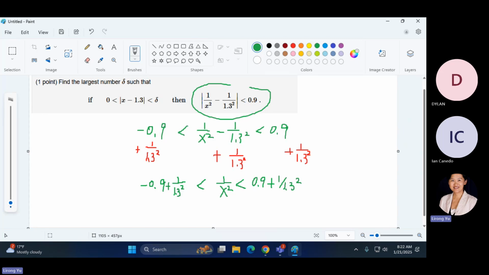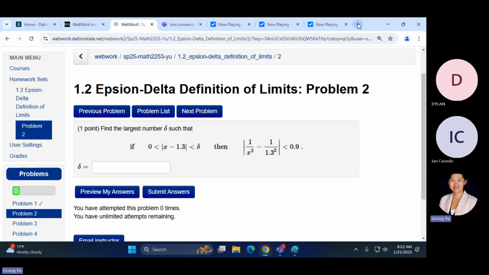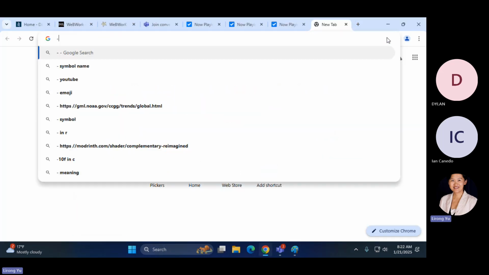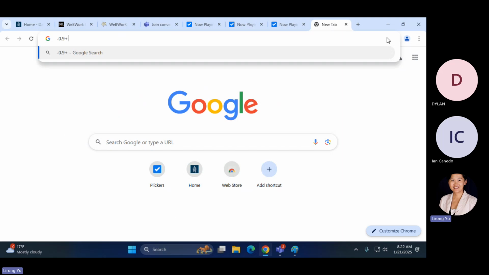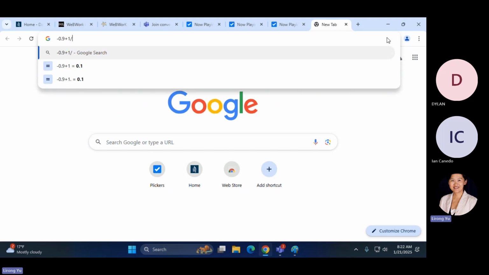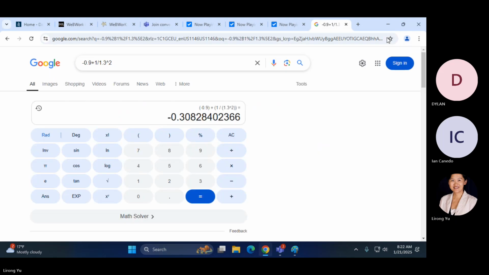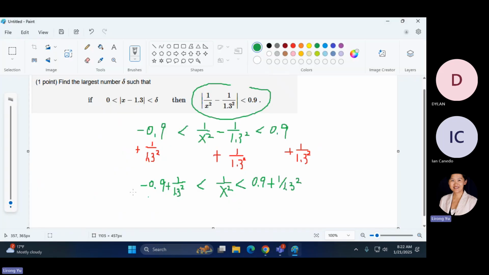Okay, I'll calculate it, because in my head I'm not sure. Negative 0.9 plus 1 over 1.3 squared. It is negative.